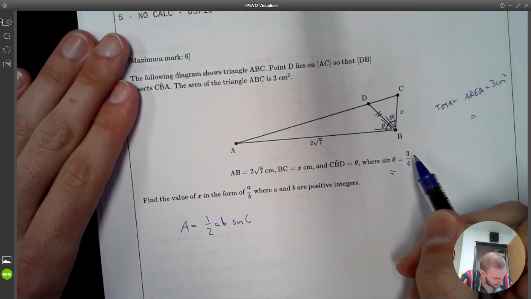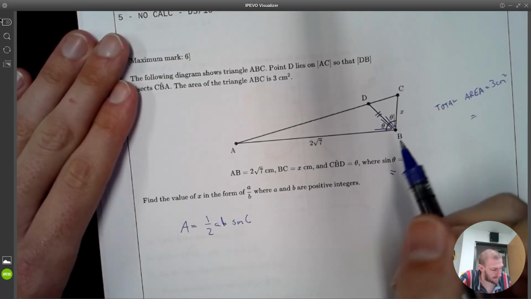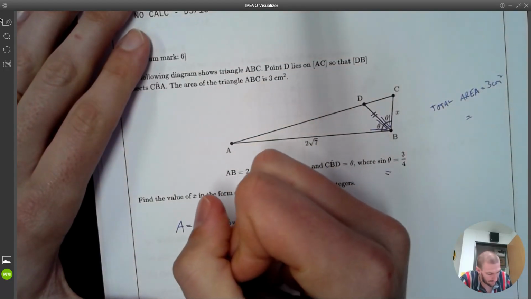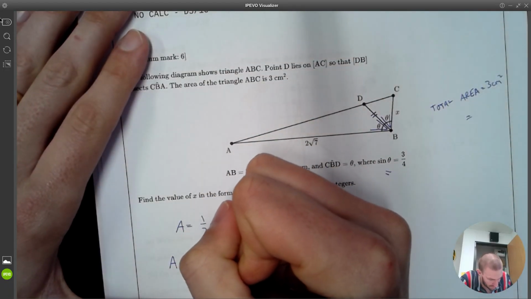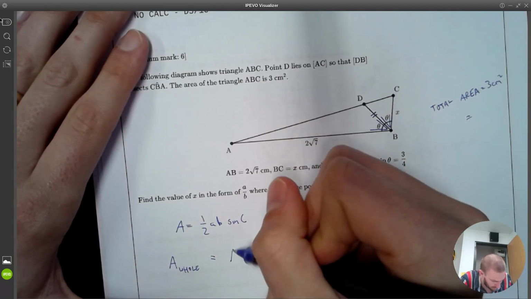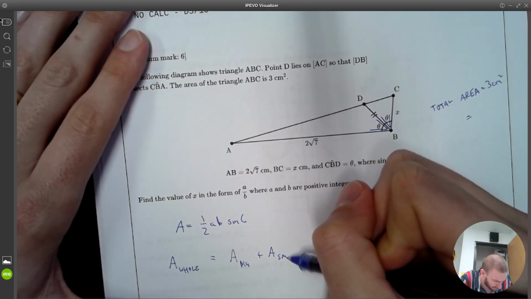So hopefully, okay, it's coming together a little bit. Hopefully I can figure out that the area of the whole triangle is equal to area of the big plus area of the small.